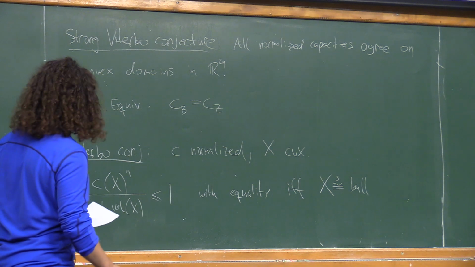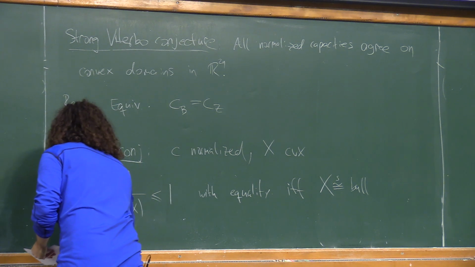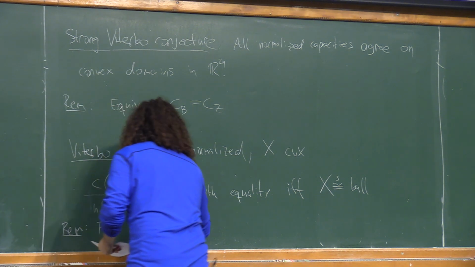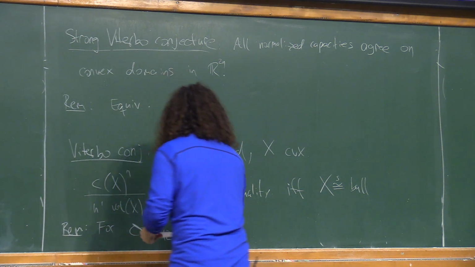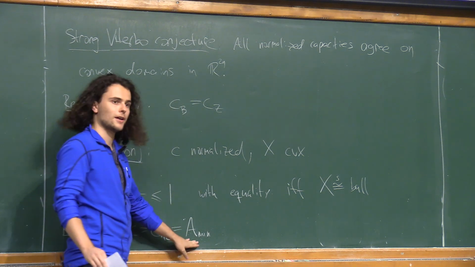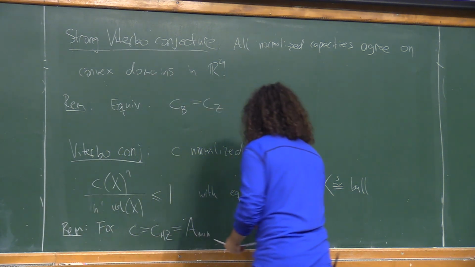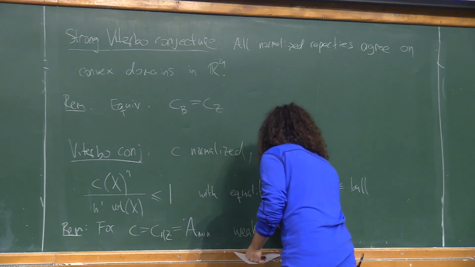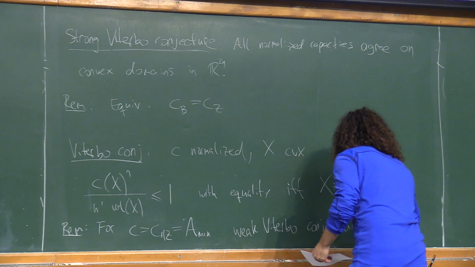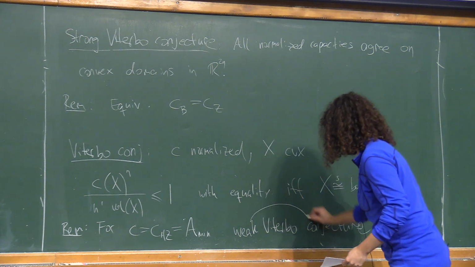Okay, so there's also an even slightly weaker version of this. So that's maybe a remark. So for c equal to, let's say, the Hofer-Zehnder capacity, which is known to be just the action of the systole on convex domains, for this special capacity, this conjecture is in the literature also sometimes called the Viterbo conjecture, even though Viterbo does not like to have his name in front of it, so I should point out that it's called the conjecture.